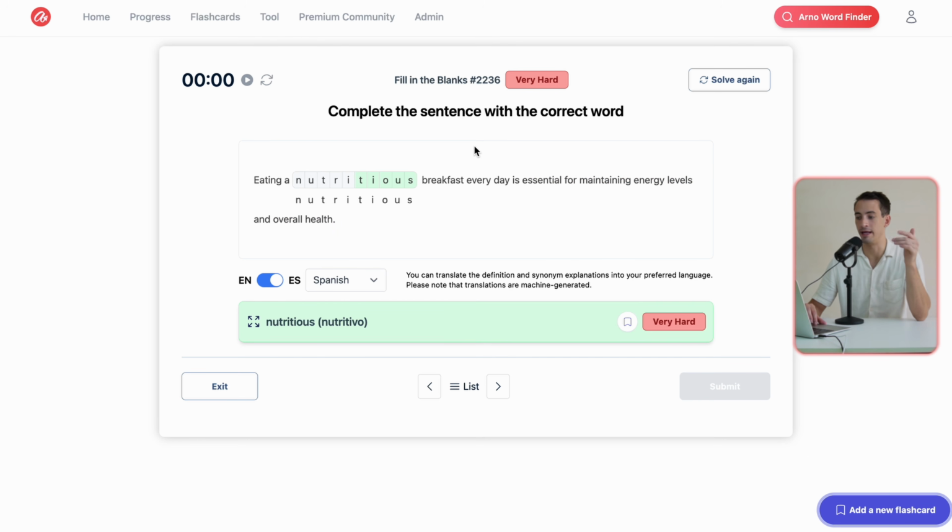I knew it needed to be an adjective because it came before breakfast, so it's modifying breakfast. And then it starts with NUTRI. So those are three very strong clues that would help you to figure out that the word you're looking for is nutritious, which means good for your health, full of nutrients, something that gives you energy all day long.